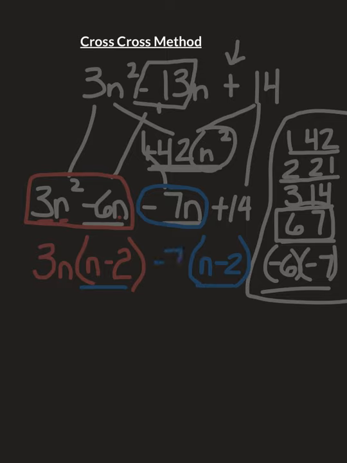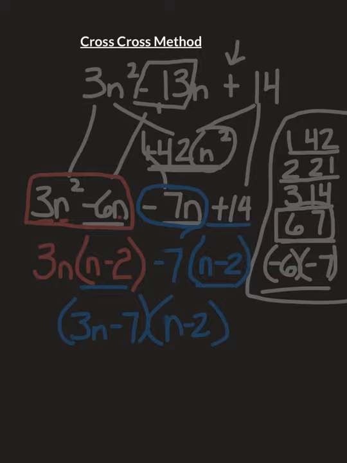Well, negative 7 divided by negative 7 is going to give me that 1. Positive 14 divided by negative 7 is going to give me that negative 2 at the back, minus 2 at the back. And then I just put my terms together, the 3n and the negative 7, and then I just rewrite the parentheses.